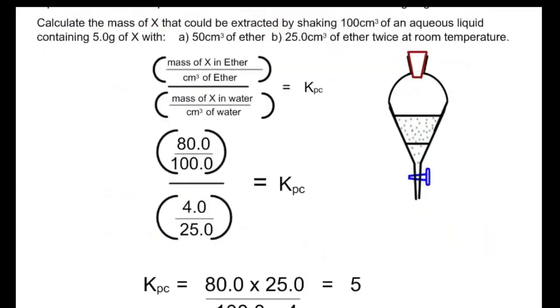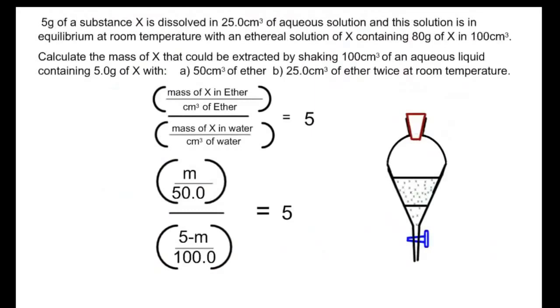So we begin by using 50 cubic centimeters of ether. And we're dealing specifically with 5 grams of X present in 100 cubic centimeters of water. So again we will assign the letter M to represent the mass of X that's extracted by the ether, so that's M, and the volume of ether 50.